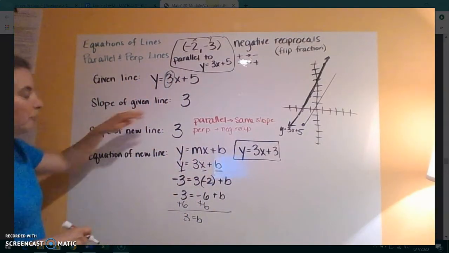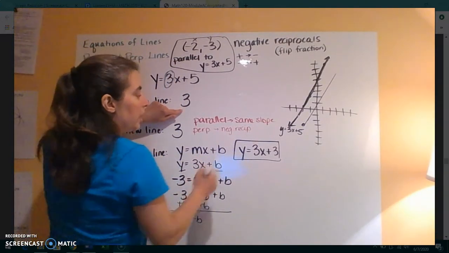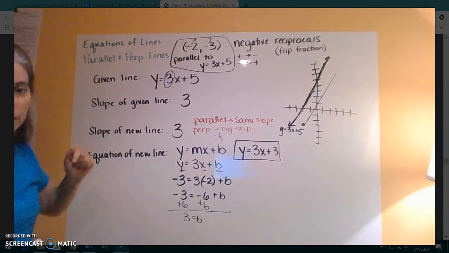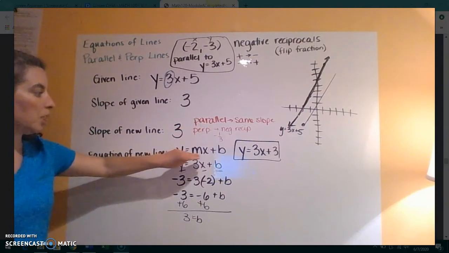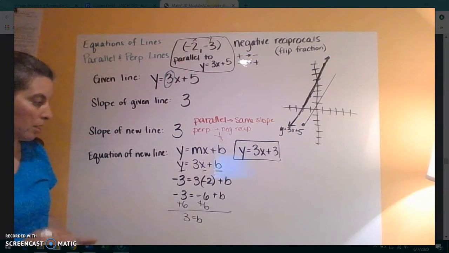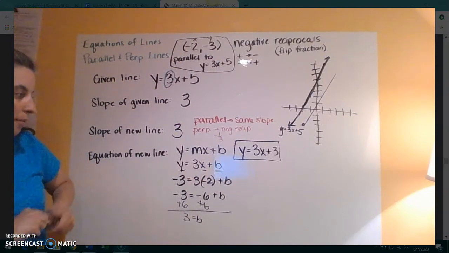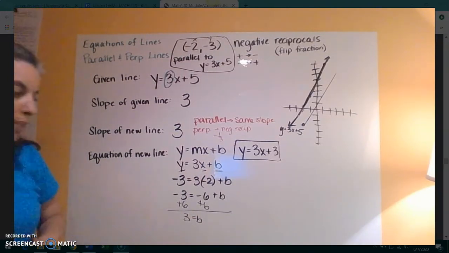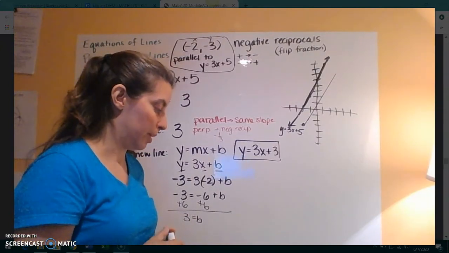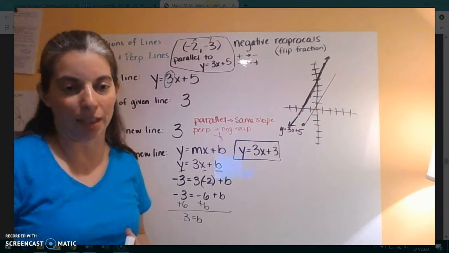So if my slope were 3 here, and I wanted the negative reciprocal, it would be -1/3. Whatever your slope is here, it goes in for m. Your point that you're given goes in for x and y. We solve for b. Okay, so that's the only reason we care about parallel and perpendicular lines in algebra.